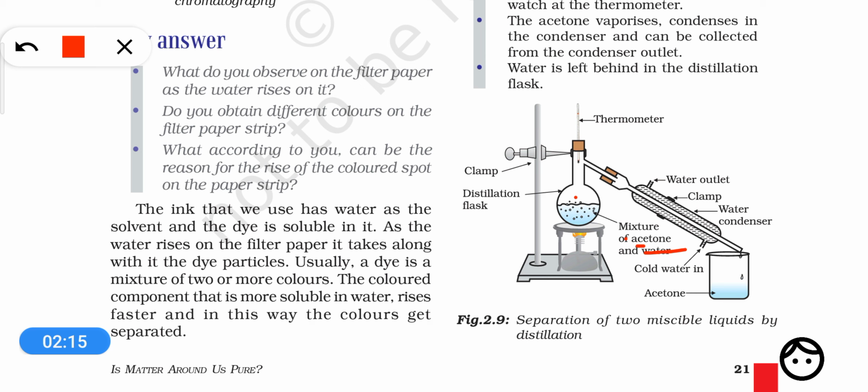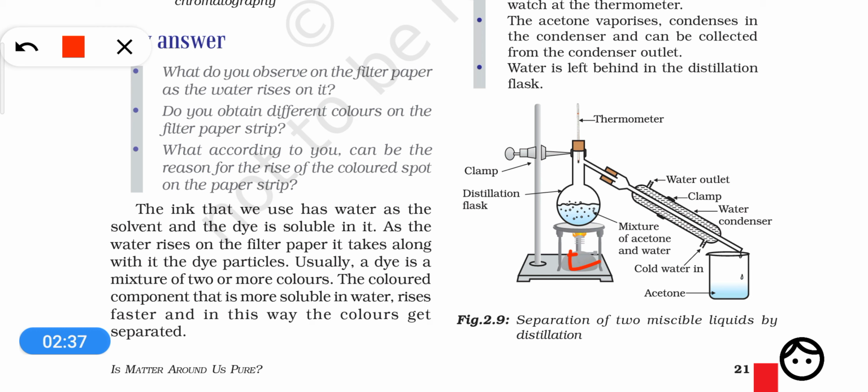Now you can see that the flask is connected to a condenser tube. This is the whole condenser tube, and there is a beaker put here. This is the stand, and this is the thermometer. So when we heat the mixture with the help of a burner, here you can see this is the burner, what will happen?